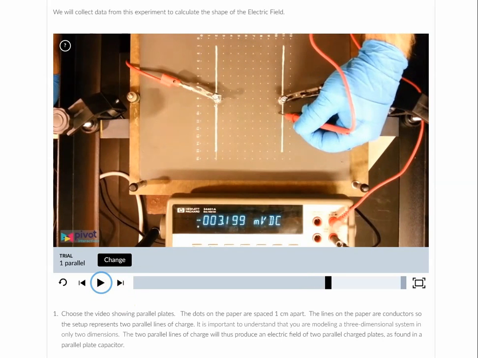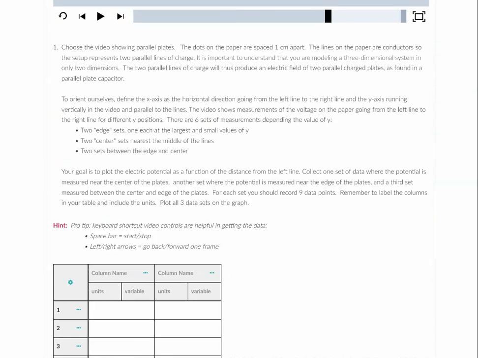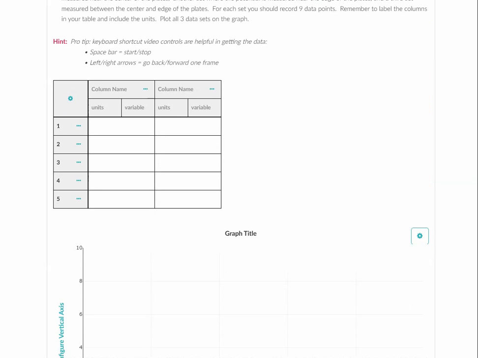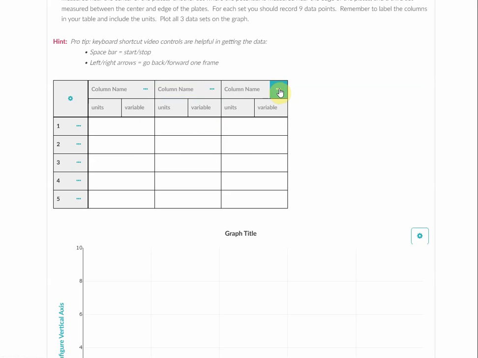Well, anyway, your goal is to collect the data and fill in this table, and for that you need 4 columns, because you need to take data for 3 different regions.